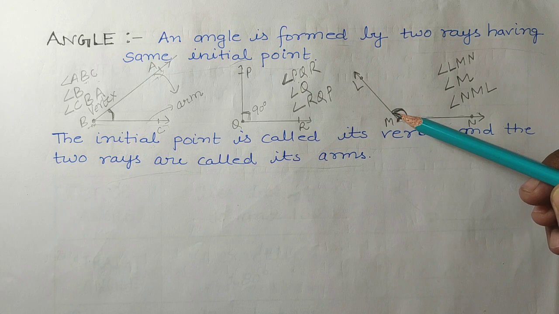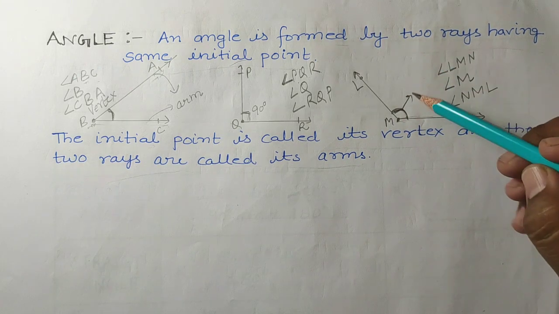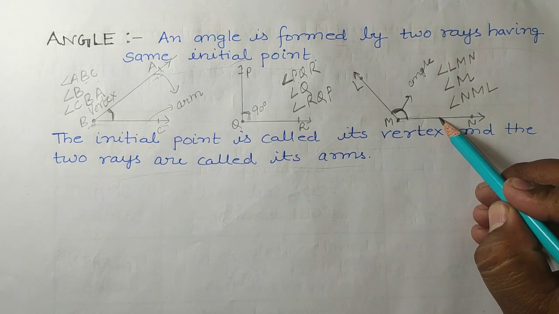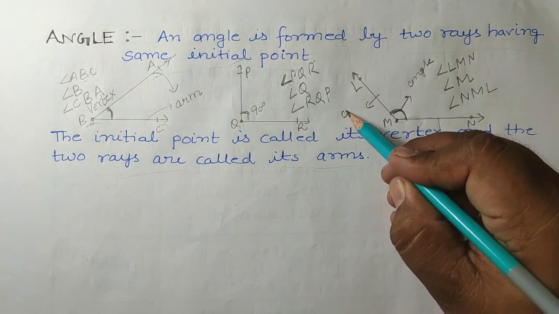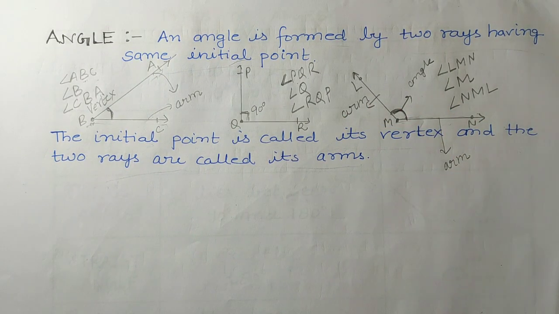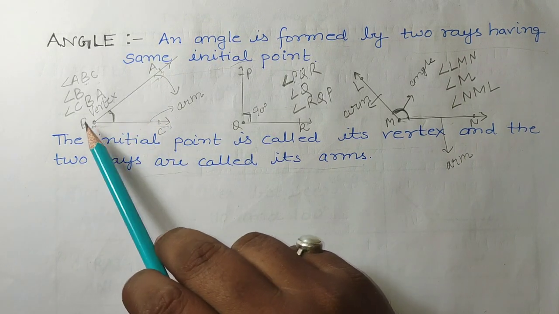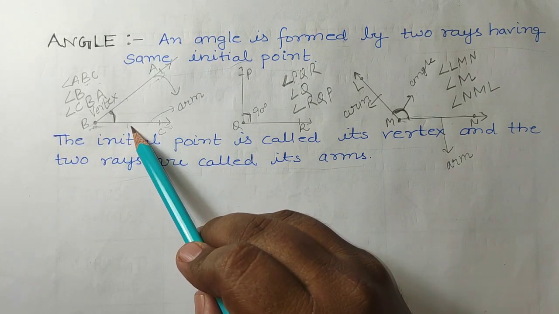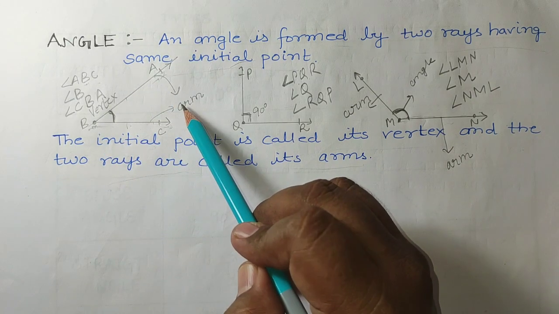The inclination between these two is called an angle. MN and LM are called arms. Here BC is a ray, AB is a ray, and the angle is formed between these two rays. BC and AB are its arms.